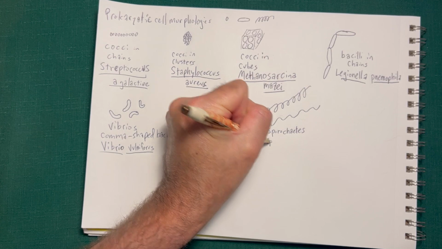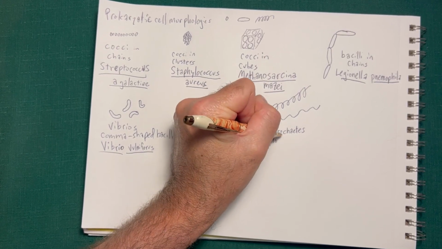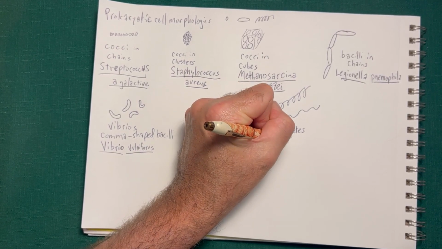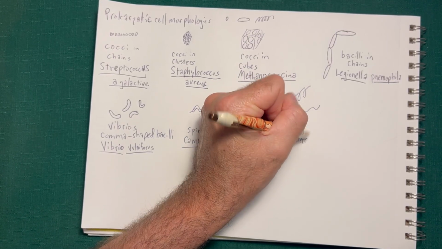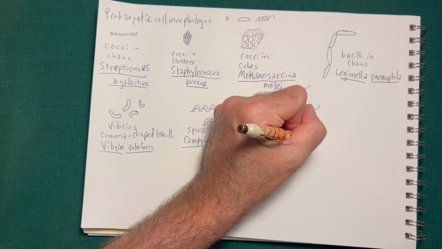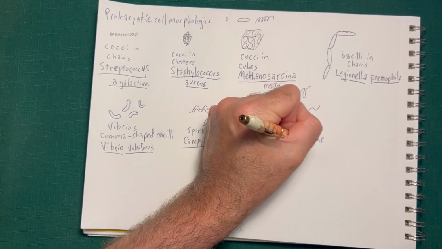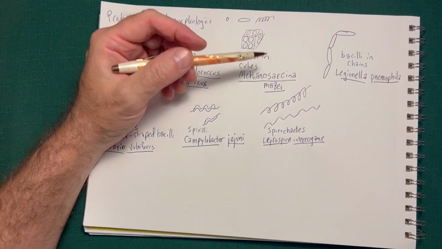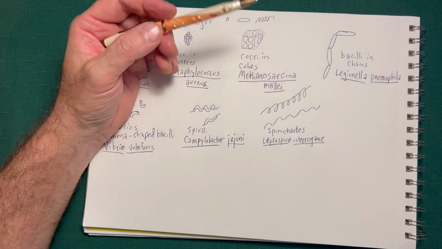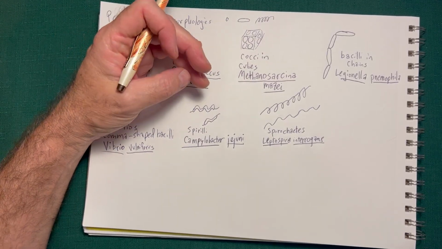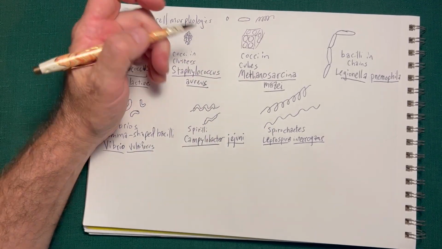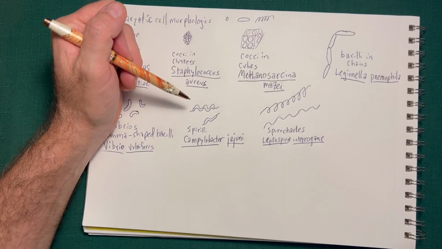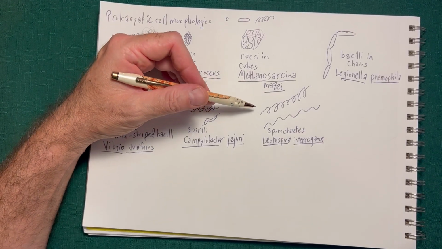Like, for example, Leptospira interrogans. Spirilli tend to be more inflexible. Spirochetes tend to be more flexible, so these are more like a corkscrew, and these tend to be more springy.